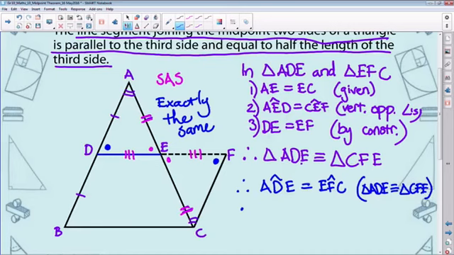And that means, because this has formed a Z shape, and because this angle is equal to that angle, they are parallel lines. Because this kind of relationship only ever happens when the lines are parallel. So that means that AD is parallel to FC, and the reason is alternate angles are equal.